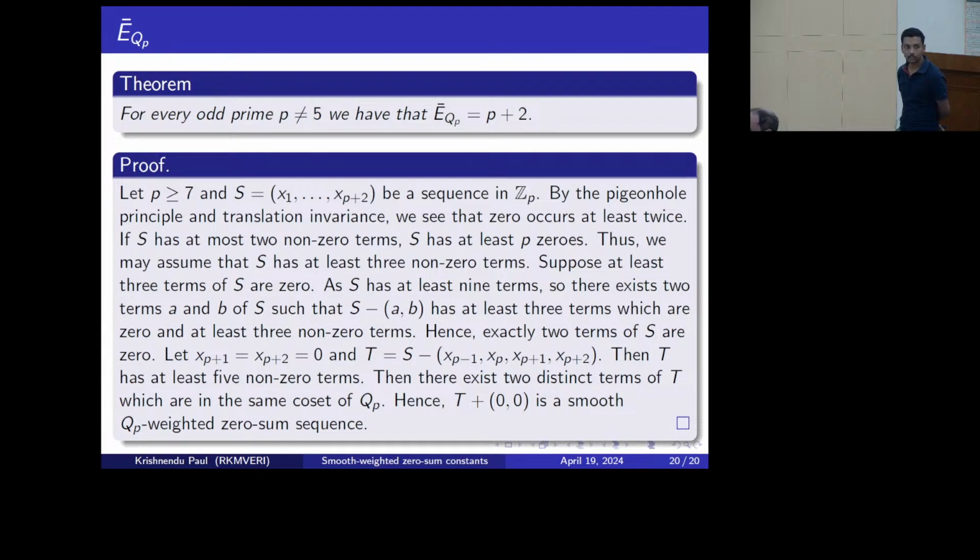Was smooth given by somebody else, or did you people find the smooth word? Somebody else says it. It is possible to solve.